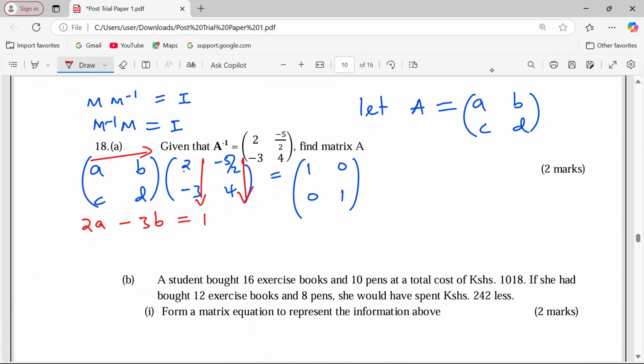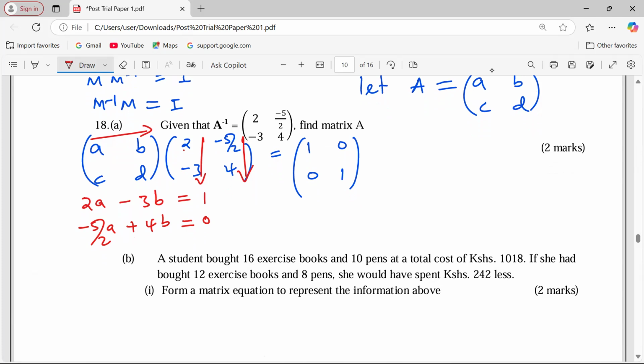So we say negative 5 over 2A plus 4B equals 0. So these are two equations having A and B, so we can solve them simultaneously to get the value of A and B.